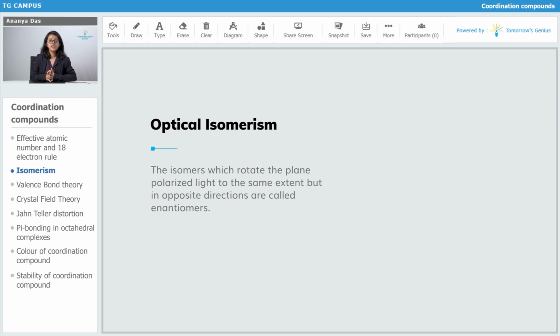Next, the isomers which rotate the plane polarized light to the same extent but in opposite direction are called enantiomers. Let's say I have a complex, and that complex has two isomers. I take one of those isomers and pass plane polarized light through it. Plane polarized light was originally in this direction.